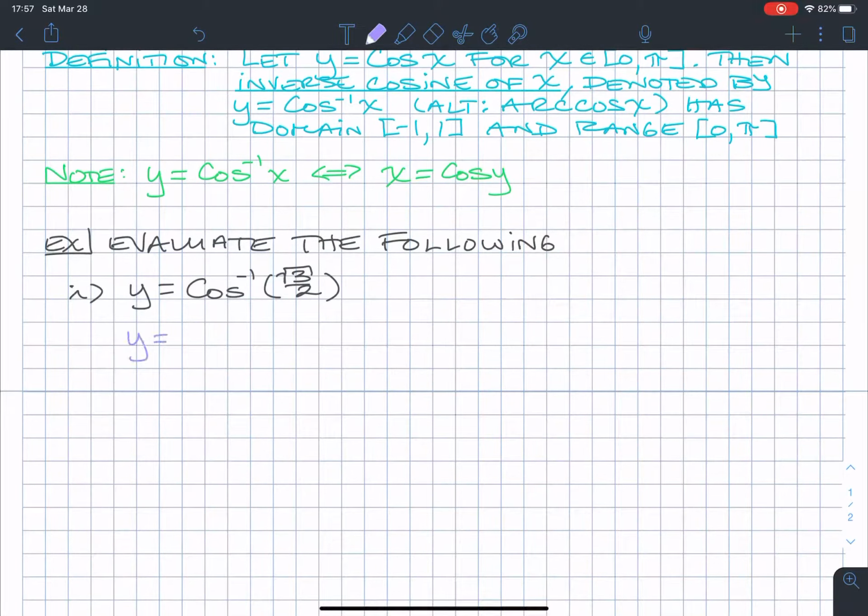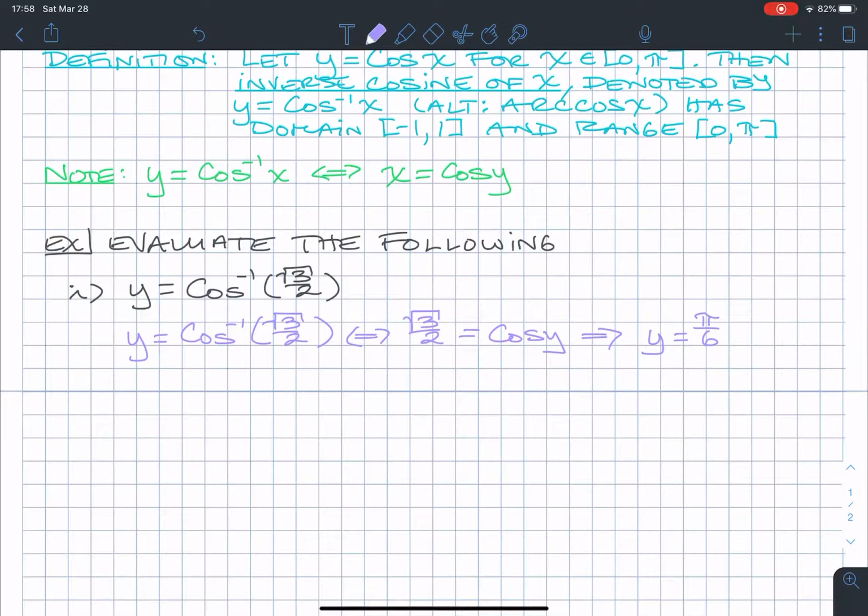Y equal to cosine inverse of the square root of 3 over 2 is equivalent, if and only if, the square root of 3 over 2 is equal to cosine of y. So now I have to ask myself, at what angle y, remember these are angles now, is cosine equal to root 3 over 2? And that angle, y, is 30 degrees, or pi over 6 in the first quadrant.